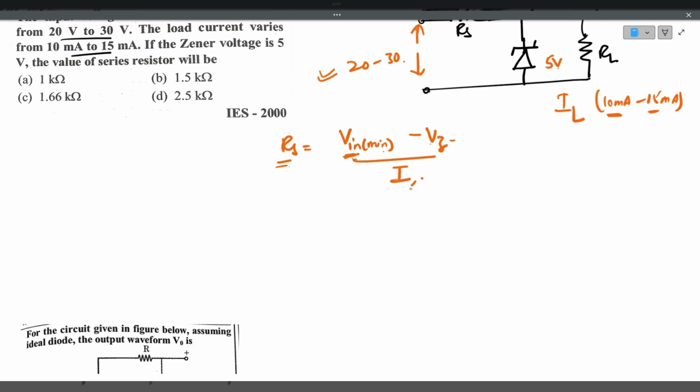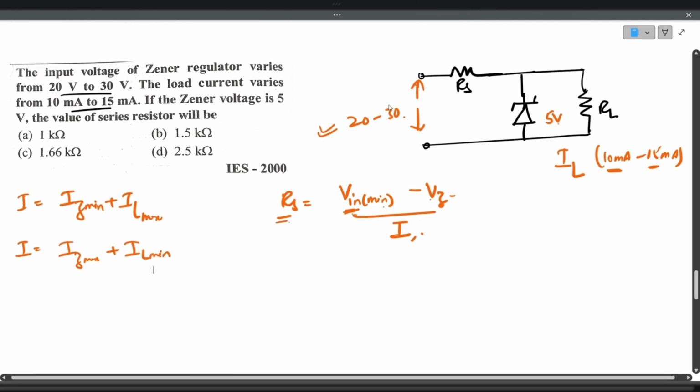We do not know what current I is, so we'll calculate current I. Current I, we have two formulas again. Current I can be given as Iz minimum plus IL maximum, the minimum Zener current plus maximum load current, or maximum Zener current plus minimum load current. These are the two formulas we have.